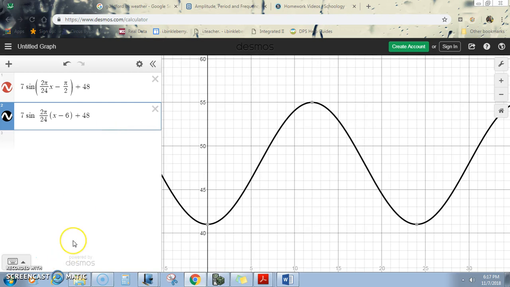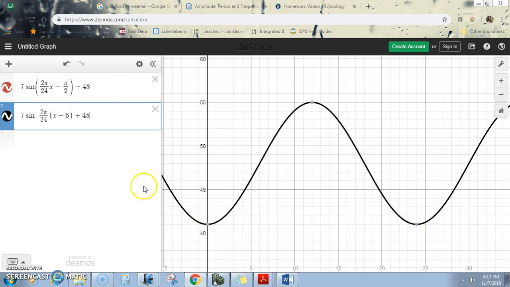Okay, those two are equal to each other. However you want to do it, it's up to you. You can put the frequency on the outside, but then you have to factor that on the inside. Since mine was in radians anyway, I just chose to do the conversion right there on the x.